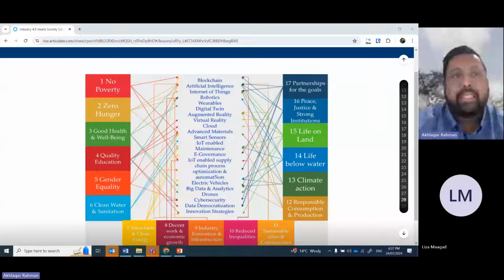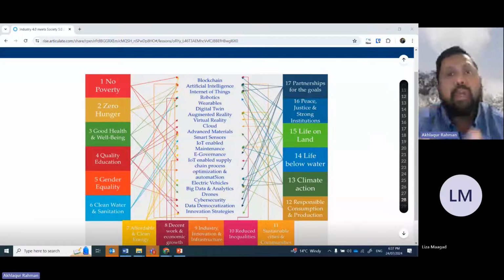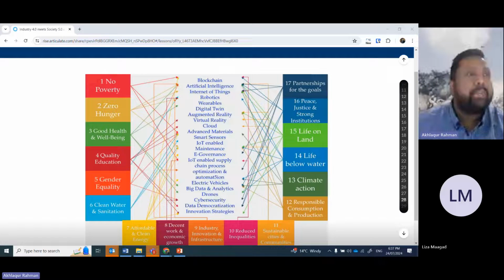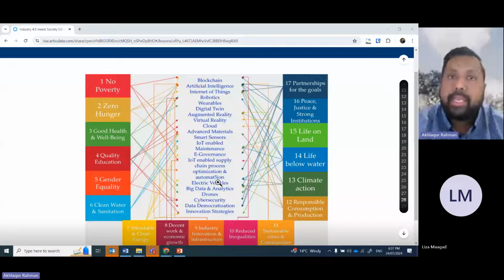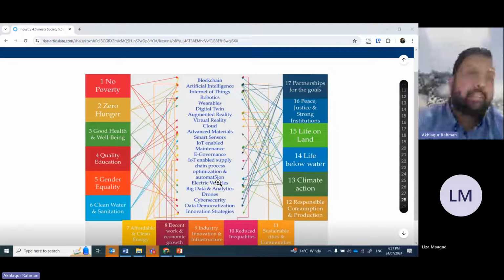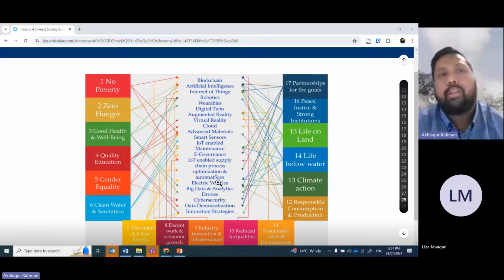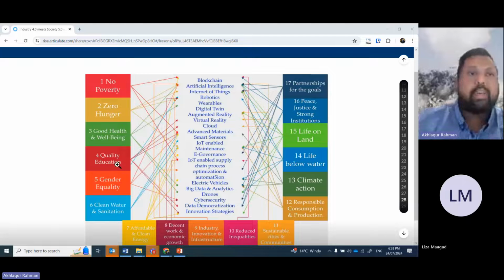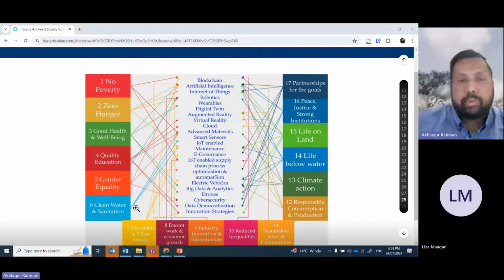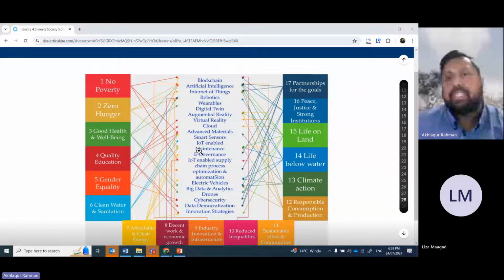So the idea is that this provides what we need in our societal life, and also how the Industry 4.0 technologies, the key enablers, will aid it. Thank you so much for providing links if anyone wants to learn a bit more. I'm not going into details, but quality education, clean water, you can see all of these are connected with these different technologies.